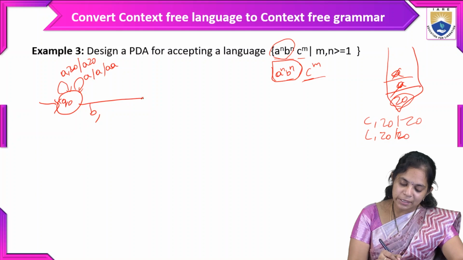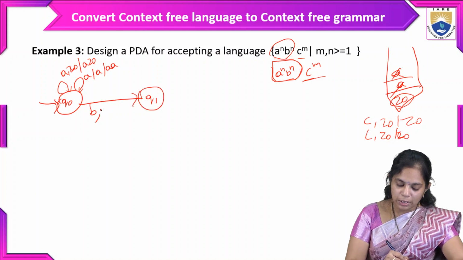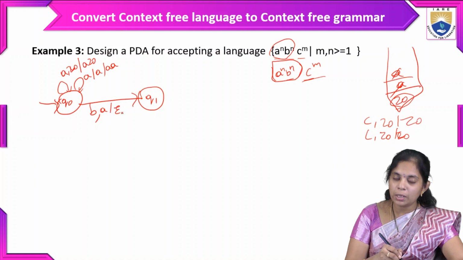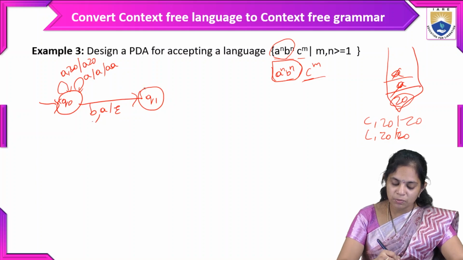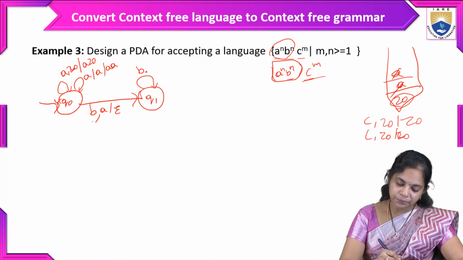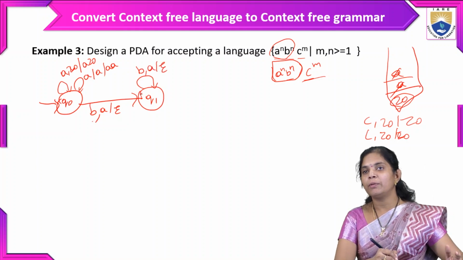While changing the input, we need to move to the next state, that is Q1, and the top of the stack symbol is A, and we need to do the epsilon operation. So this is for one B, and for two more B's, A epsilon. This is the operation all performed.